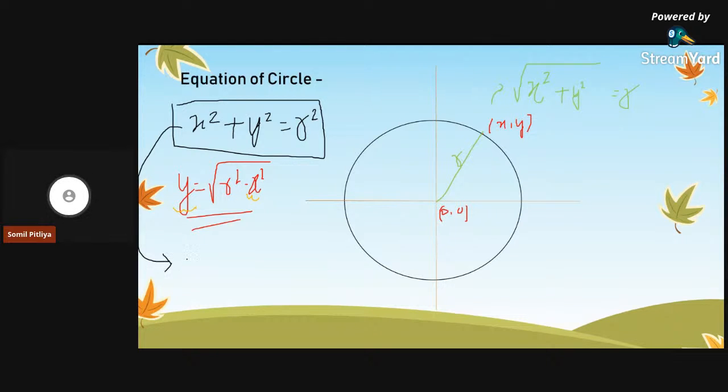Differentiating with respect to x, it will be simply 2x dx plus 2y into y dash, equals the differentiation of r square, which is a constant. Radius is constant, so this will be 0.